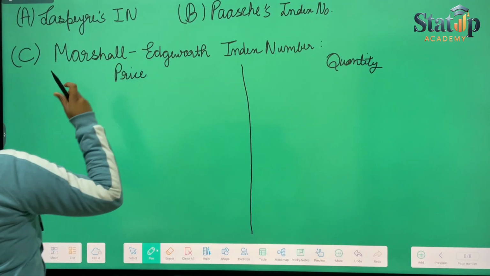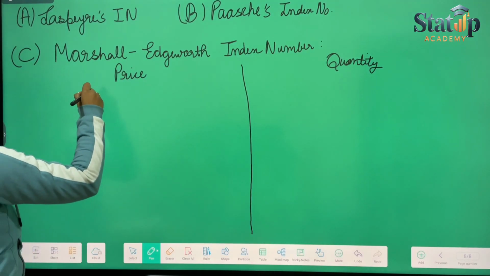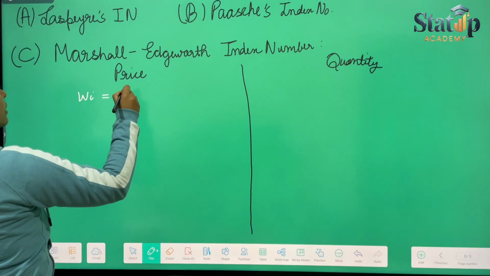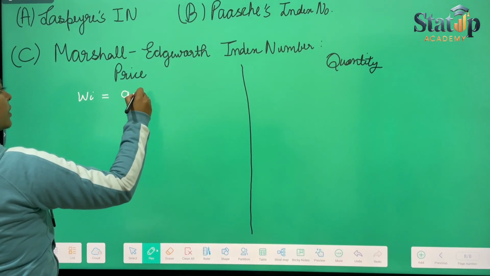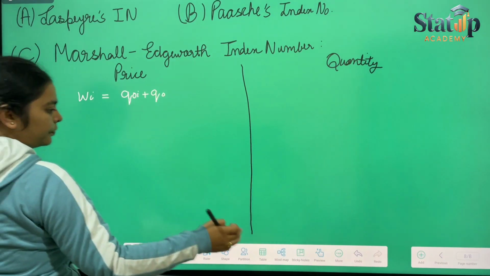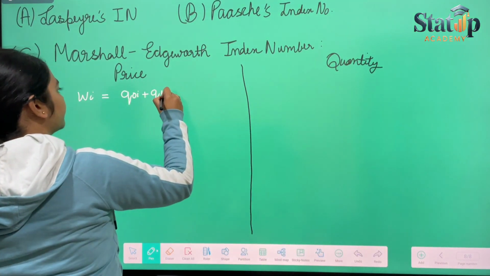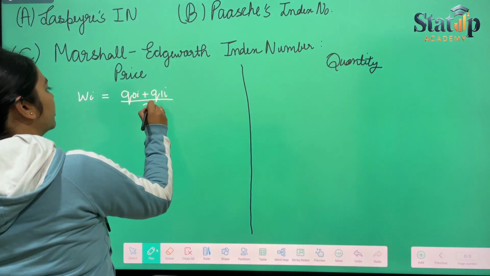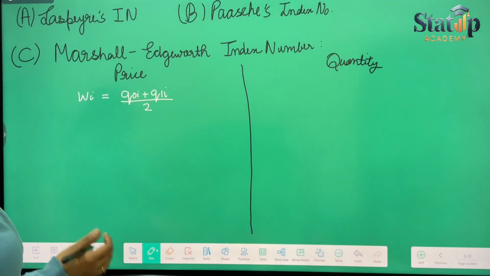So in Marshall Edgeworth, the weight Wi is nothing but the average of Q0i plus Q1i upon 2, the average of the quantities.